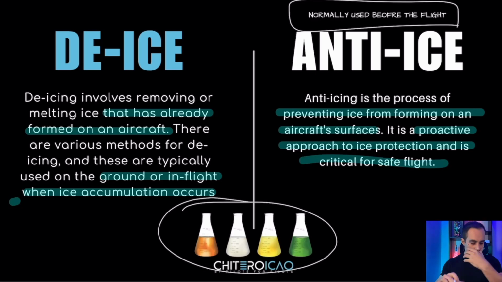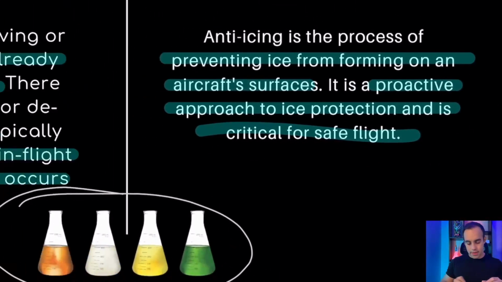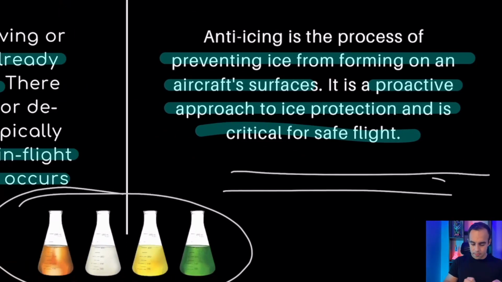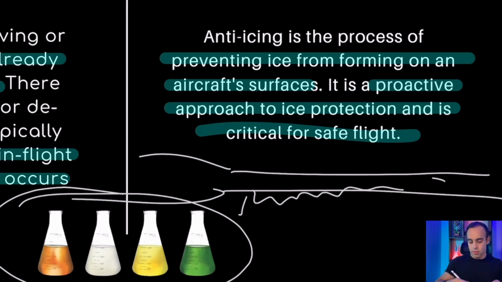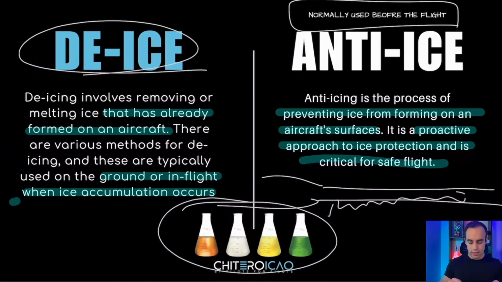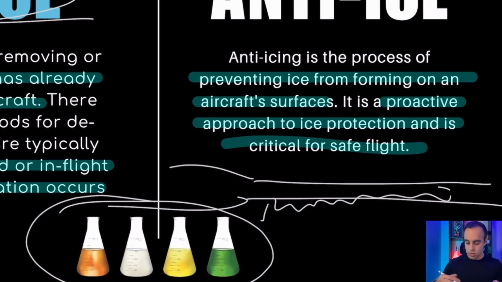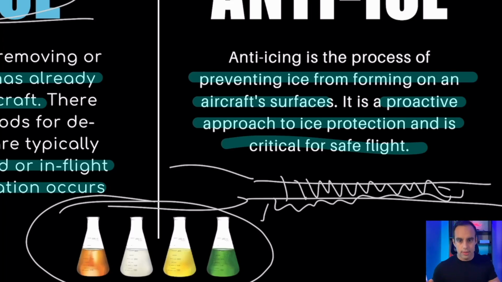So a simple example here. I'm going to draw. I know you guys like my drawing. We have a wing here, right? Ice is forming. We start having ice here. We put the inflatable boots, which is a de-ice. It breaks out all the ice. So we had a very thin layer of ice. We break the ice, and this is the de-ice, so we are eliminating the ice that was formed.